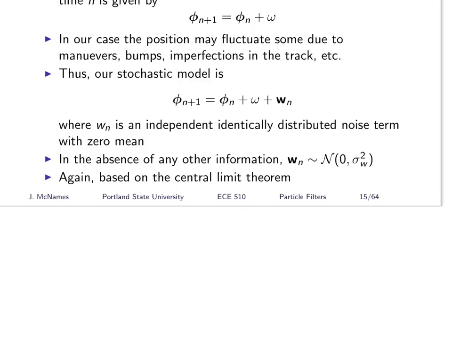This is sort of a lumped uncertainty due to all the different things that may affect how phi of n changes from one time sample to the next. And by lumping many independent factors, we know that it's roughly going to be normally distributed. So in the absence of any other information about that distribution, if you don't know anything else, then the normal distribution is reasonable because of the central limit theorem. So that's part of the reason it comes up so frequently.